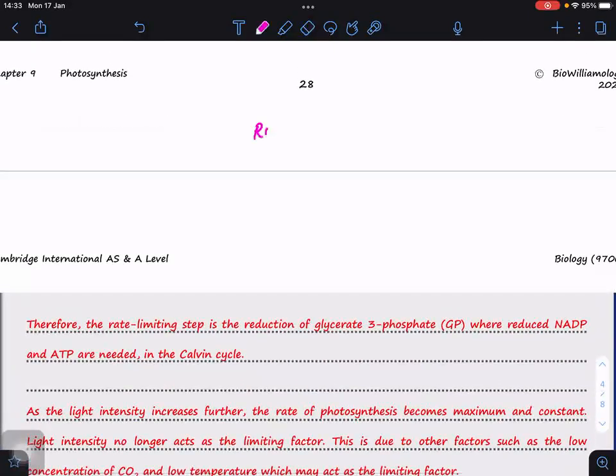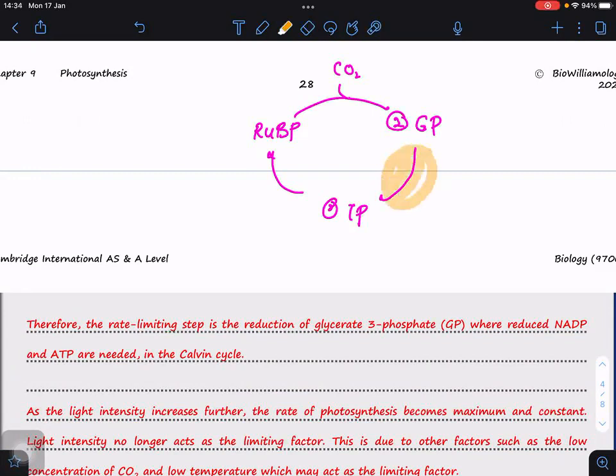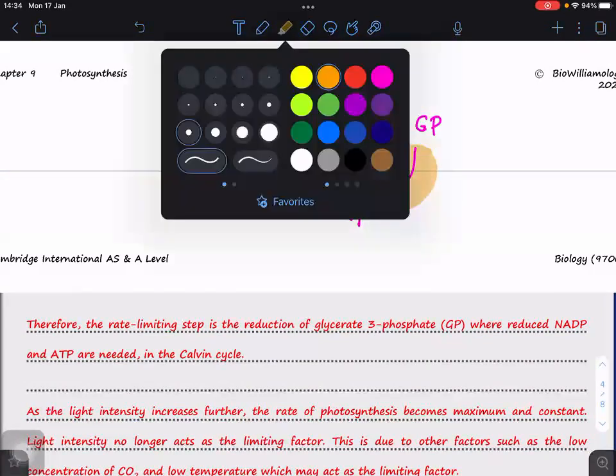RuBP in general takes in CO2, and you get two molecules of GP. GP then gets converted to TP, but the reaction cannot take place. So the rate limiting step in this case is this process, because we don't have enough reduced NADP and ATP.